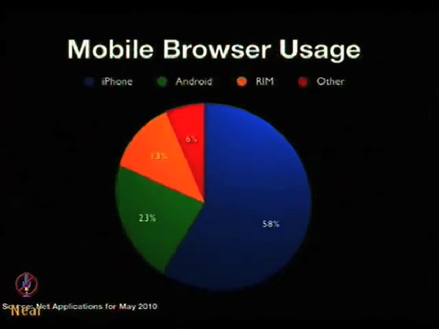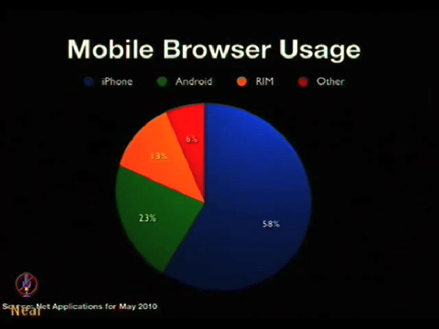But more important than just raw market share, who's actually using the browsers on these phones? And that's when it gets kind of interesting, because if you go back to the previous slide, it's very different. iOS users, iPhone users, are the dominant mobile browser users today. And that's basically because mobile Safari is awesome.